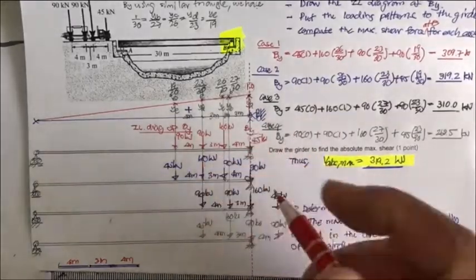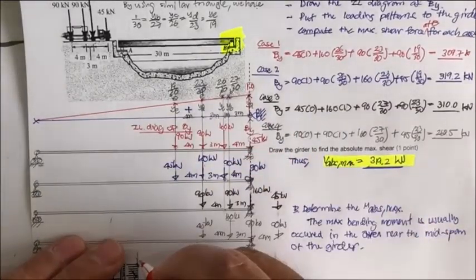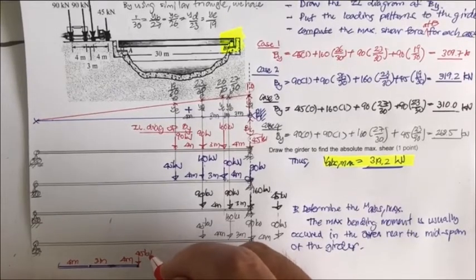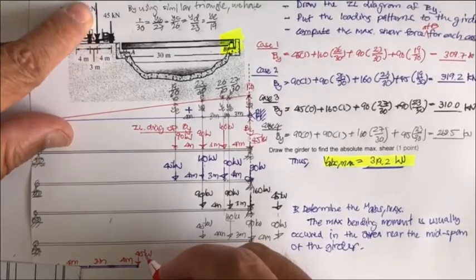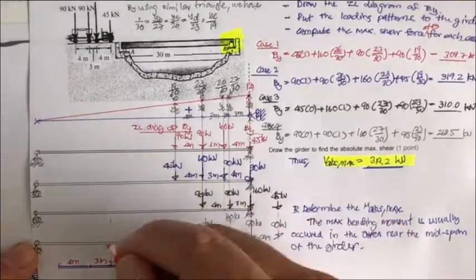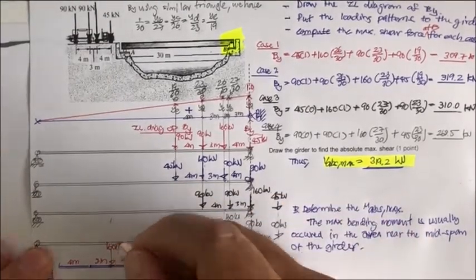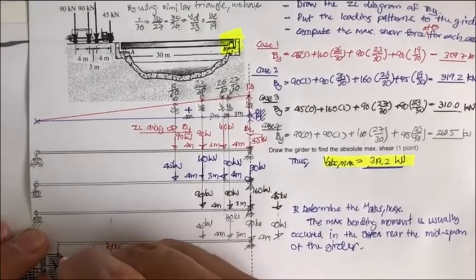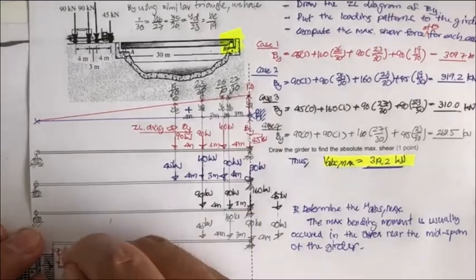And then you get the forces acting here: 45 kilonewton, and over here is 160. This is going to be 160 kilonewton, and the others are going to be 90 kilonewton and 90 kilonewton.